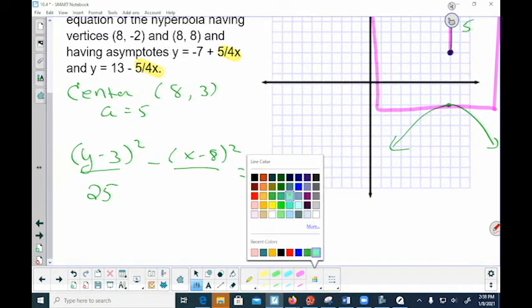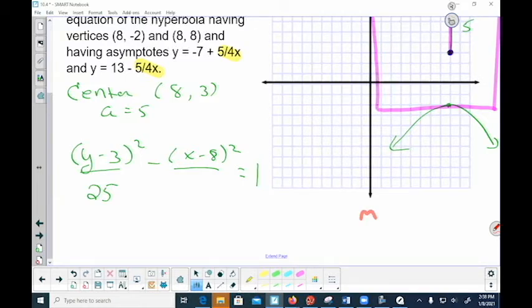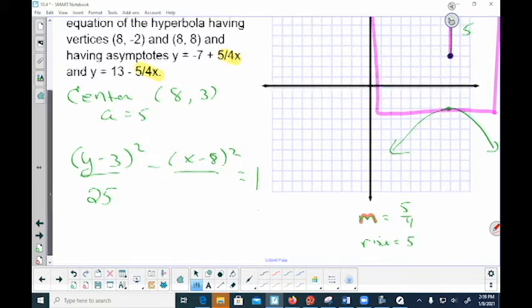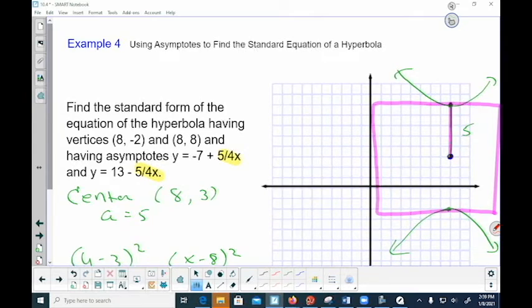And in this equation, they told me the slope was equal to 5/4. I just said my rise is going to be 5. So in this particular case, this 5 is my a. This run would be my b.